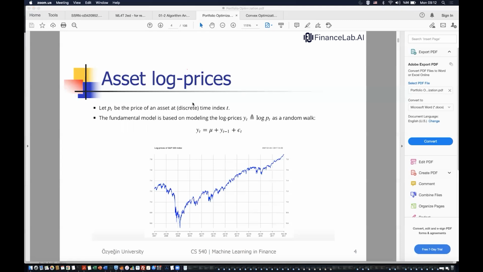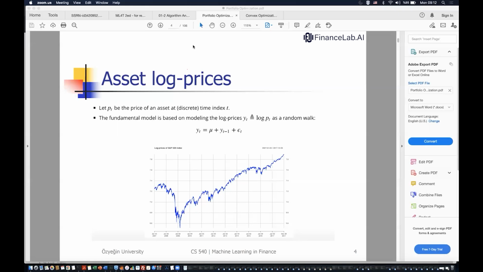And the asset can be anything. It can be a bond, in most cases equities, or cryptocurrency. An asset is basically a thing that you can buy and sell in the market, and it has a value.